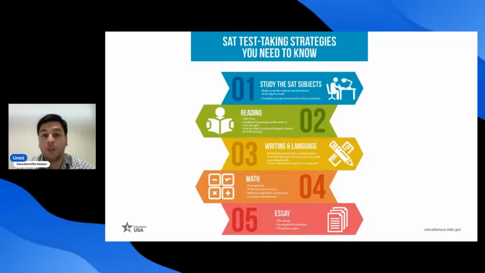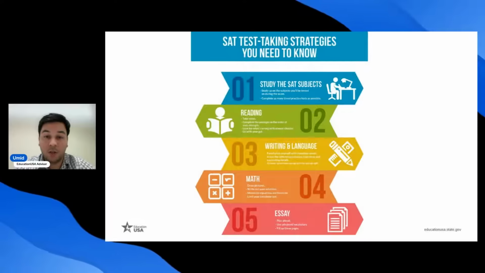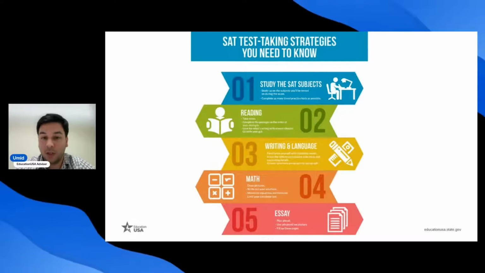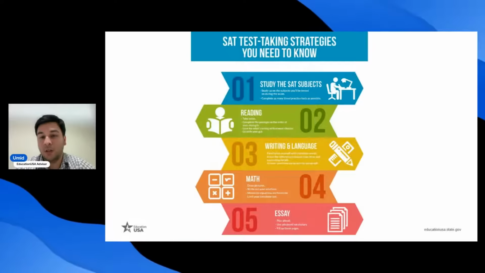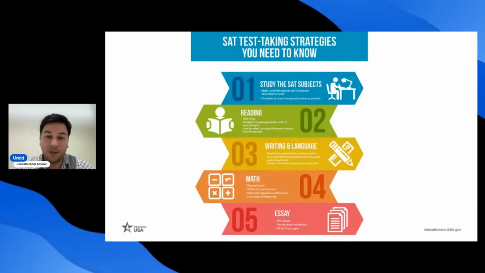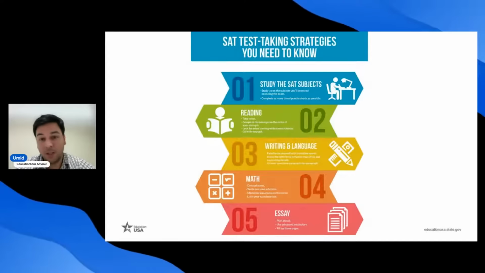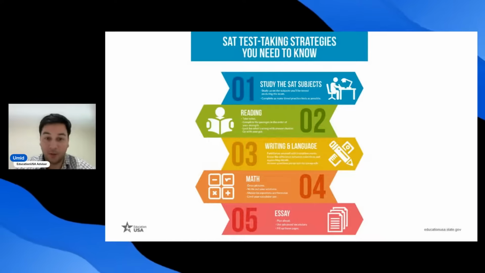You have to look at the requirements of your program. You should study the subjects you'll be tested on during the exam, and one of the most obvious suggestions is to complete as many practice tests as you can, because practice makes perfect.